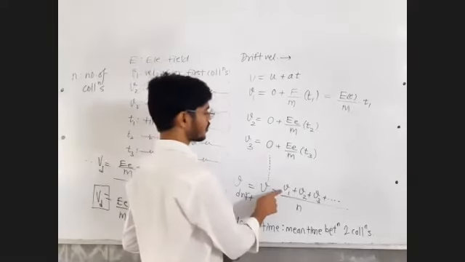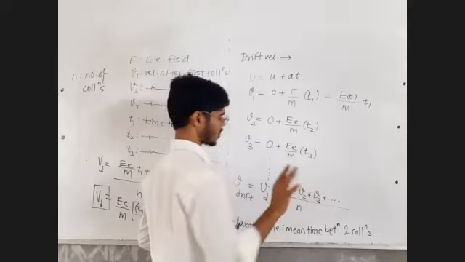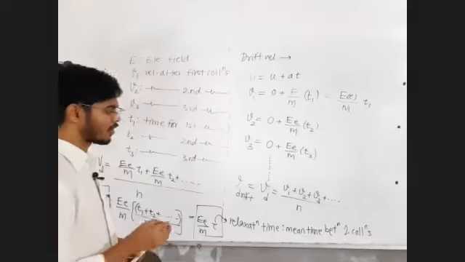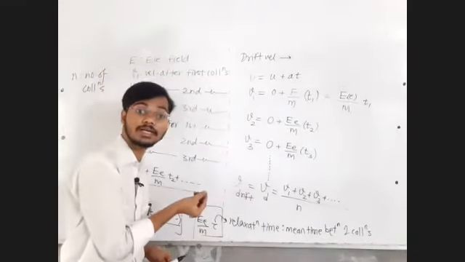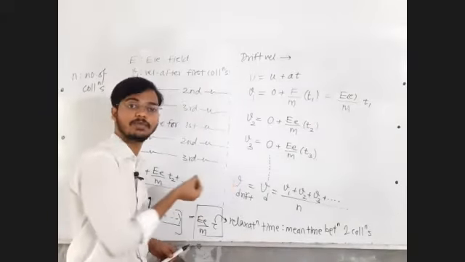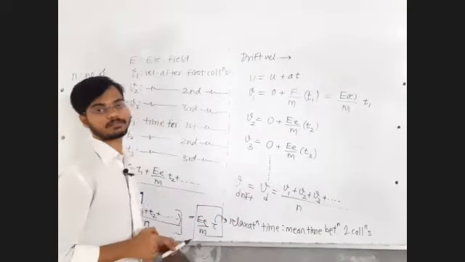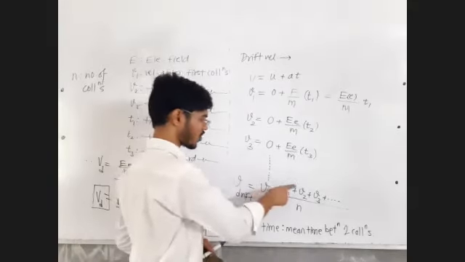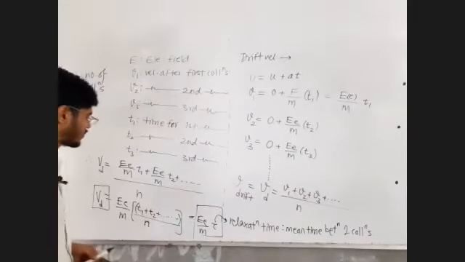This is not the velocity at a given instant of time of the first electron, of the second electron, of the third electron. No, we are not considering that. Over the journey, the average velocity of a single electron is what we consider as drift velocity. If it is true for one electron, it will be true for the group of electrons also.